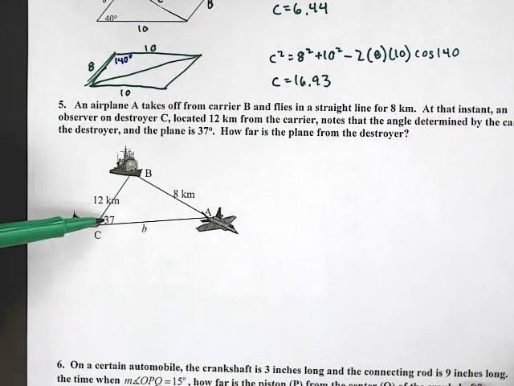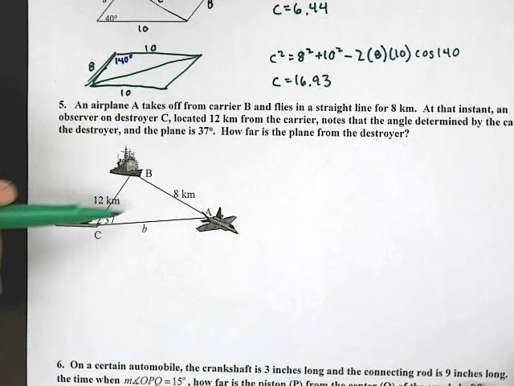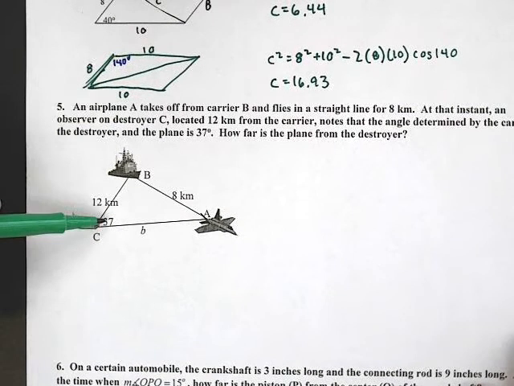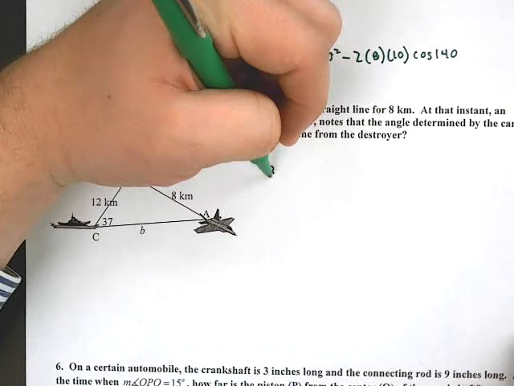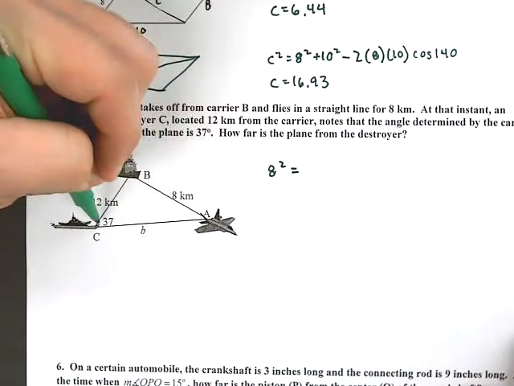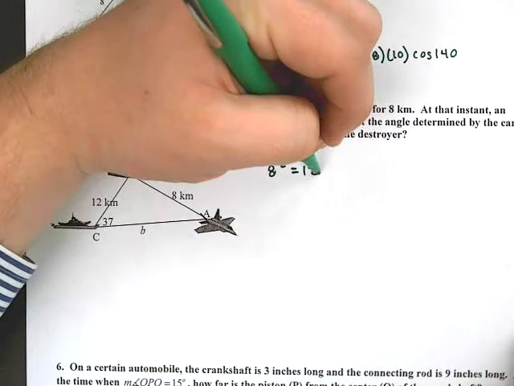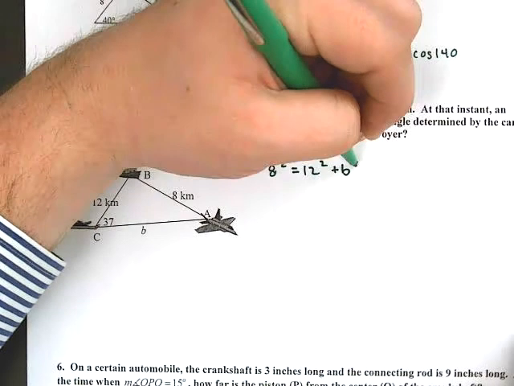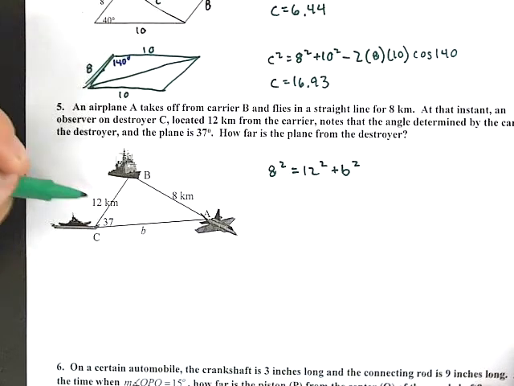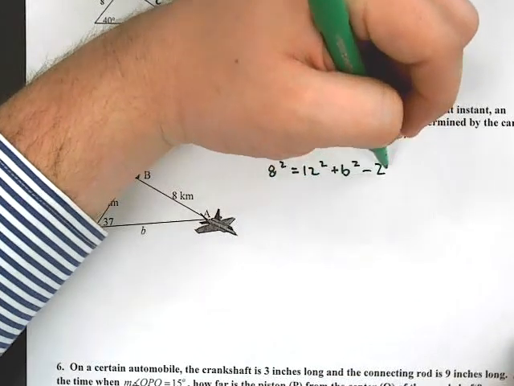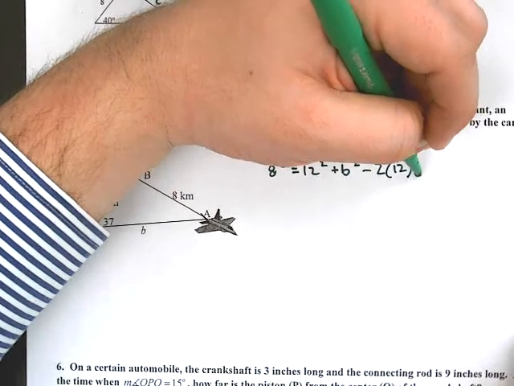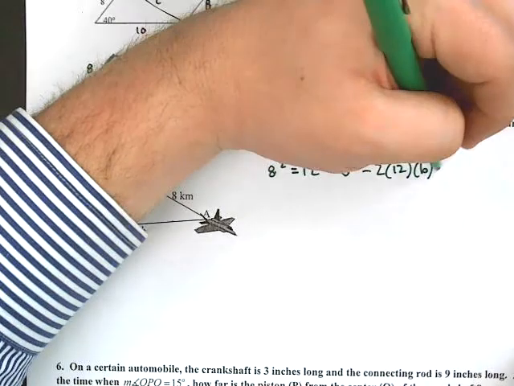So we would say that our angle pairing, or angle side pairing, is the 8 and the 37. So we're going to say that 8 squared, because it's across from the angle we have, is equal to 12 squared plus b squared, because those are the two other sides, minus 2 times 12 times b, and then cosine of that angle.